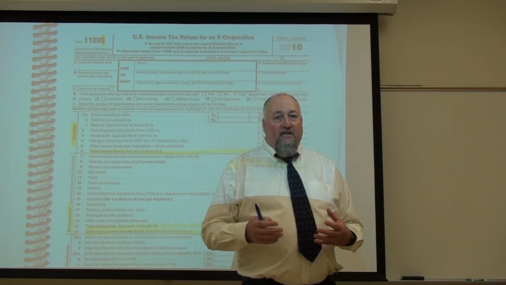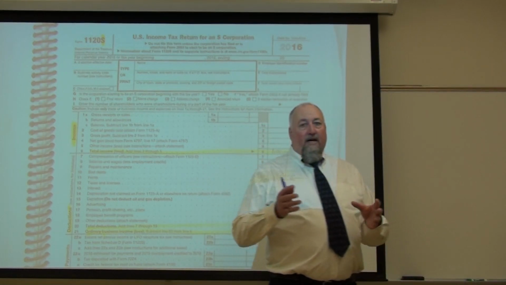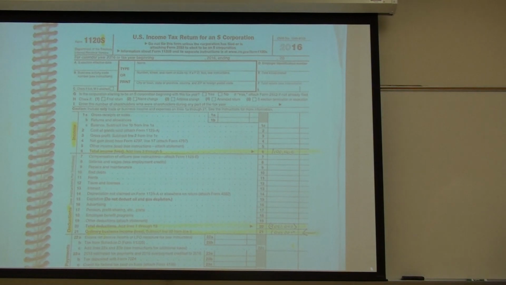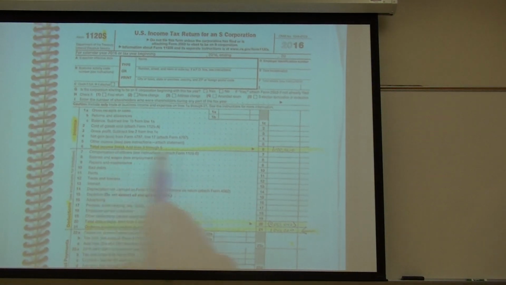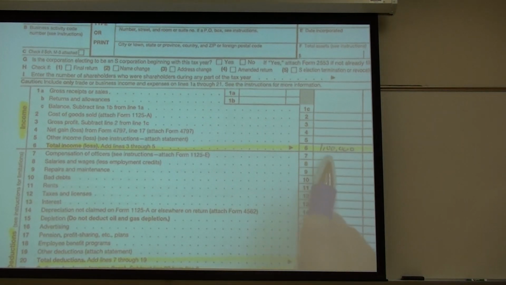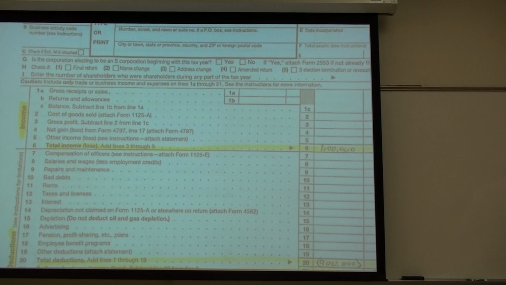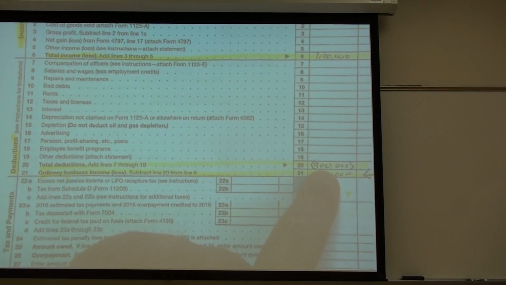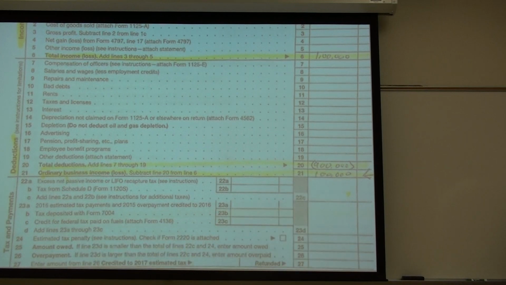So basically, here's how it works. Again, it looks like a C corporation form, but there's a subtle difference. So again, you have your total income. So let's just say we had a total of $1 million of gross income. And then you have your deductions. So let's say we have $900,000 of deductions.